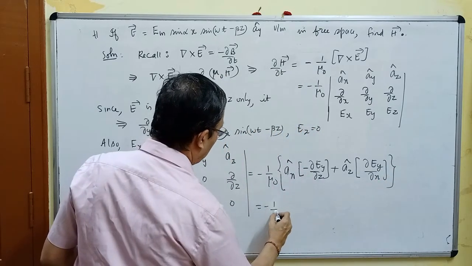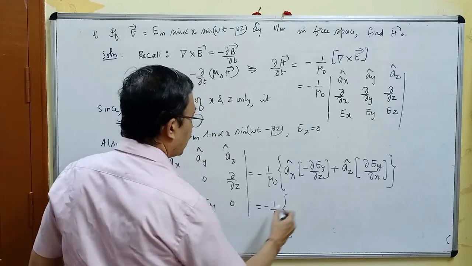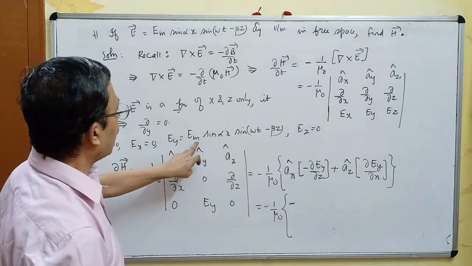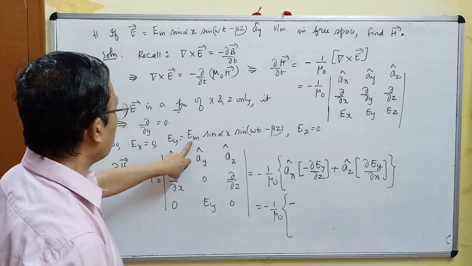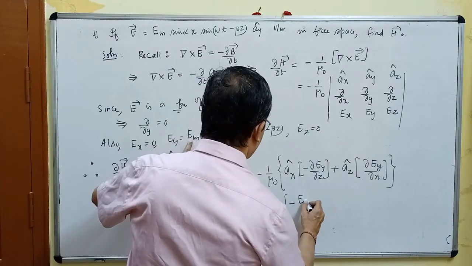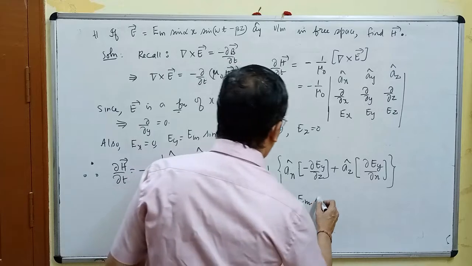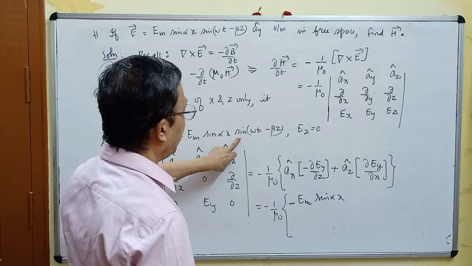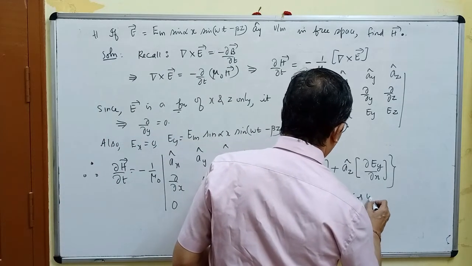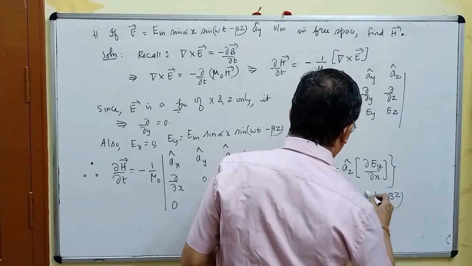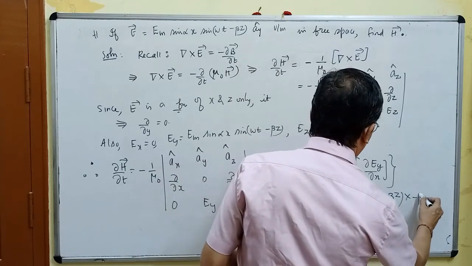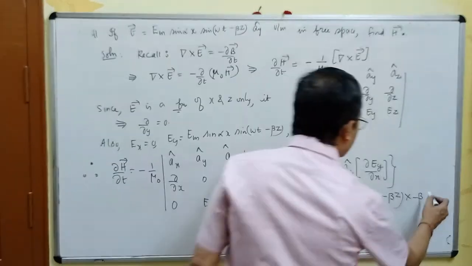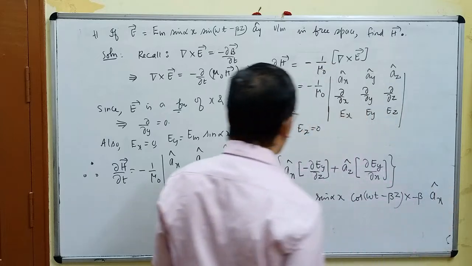So this is minus 1 over mu naught into minus, you differentiate Ey with respect to z. So you get Em sin alpha x, and if you differentiate sin(omega t minus beta z), you get cos(omega t minus beta z) into minus beta, into unit vector Ax cap.